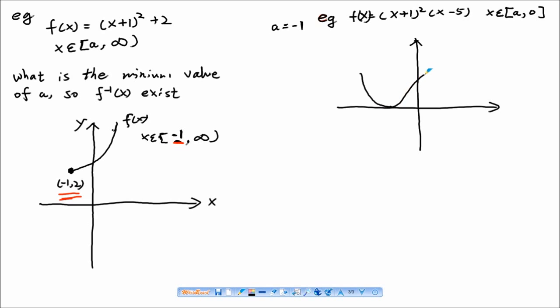It will be something like this. This is a cubic function. We learned how to draw this kind of function in the chapter before.